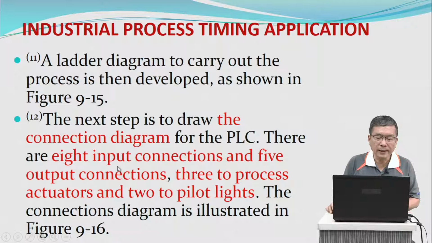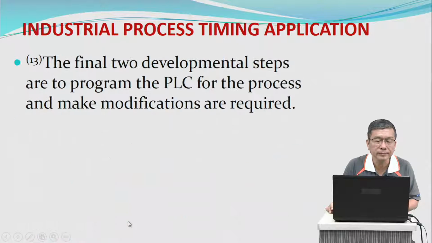There are 8 input connections and 5 output connections, 3 to process actuators and 2 to pilot lights. The connection diagram is illustrated in figures 9.16 and 9.17. The final 2 developmental steps are to program the PLC for the process, and make modifications as required.